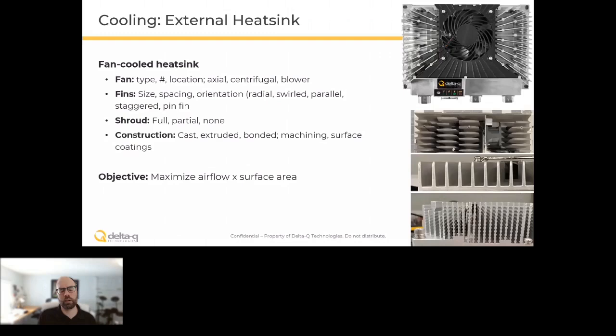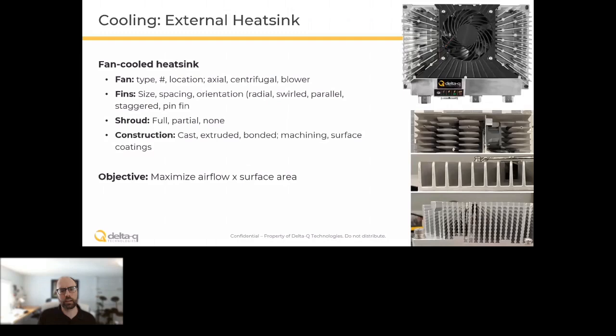If you've got a fan, then you may want to have a shroud. There's a partial shroud shown on the top to force air to pass through the fins. That could also be a full shroud, which would extend all the way out to the edges, or you could have no shroud. There are certainly trade-offs there with the flow versus the back pressure.